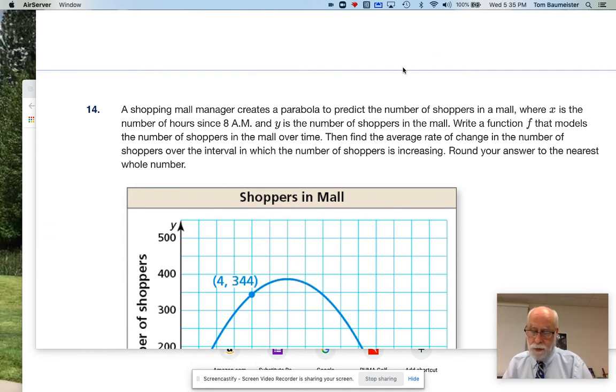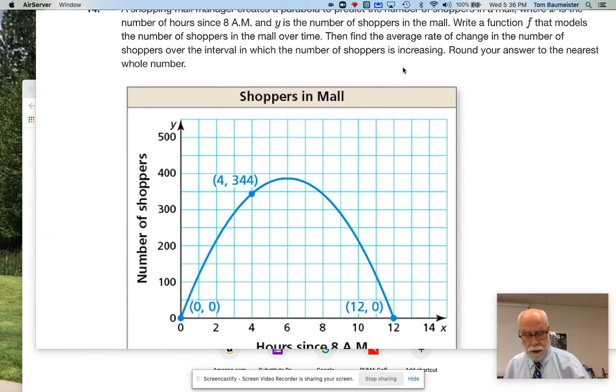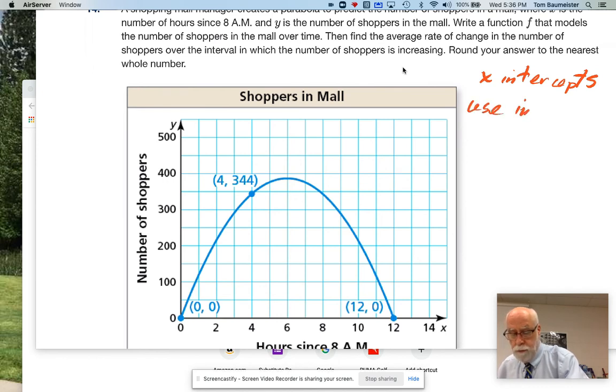Then find the average rate of change in the number of shoppers over the interval in which the number of shoppers is increasing. Round your answer to the nearest whole number. So on this one here, if you look at it, you have x-intercepts. So since you have x-intercepts, use the intercept form.